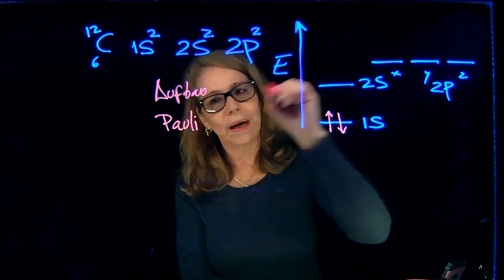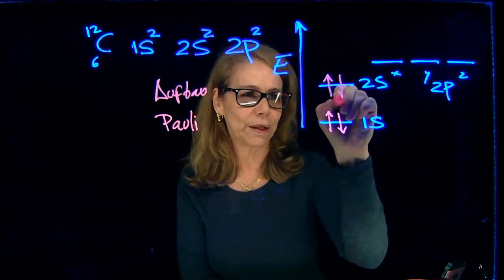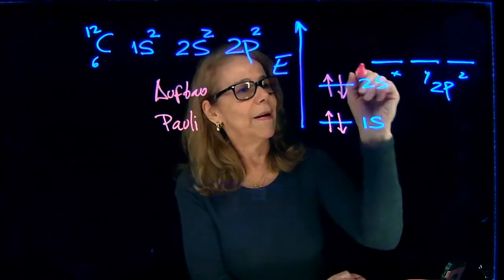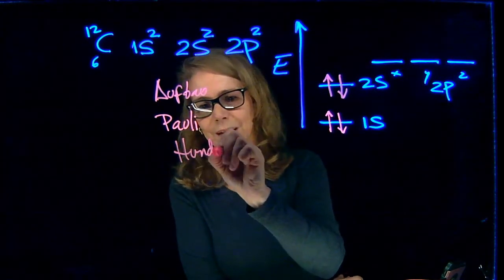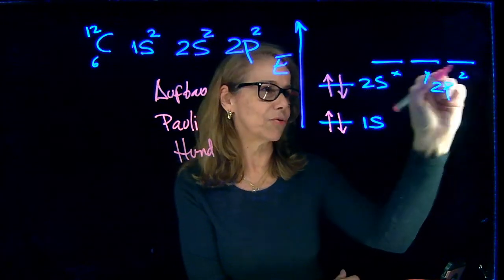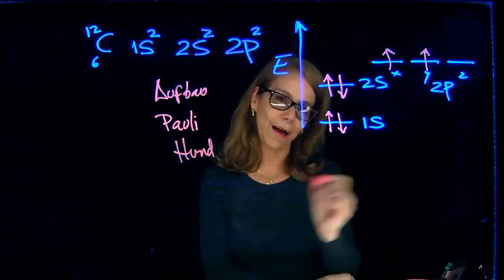So the next 2 go in the 2s. And here I need to use Hund's rule. Because these 3 orbitals are degenerate, I put 1 here and 1 here. I have my 6 electrons.